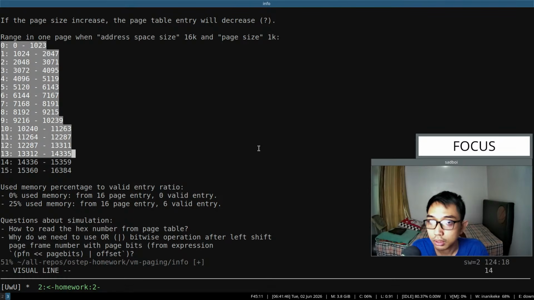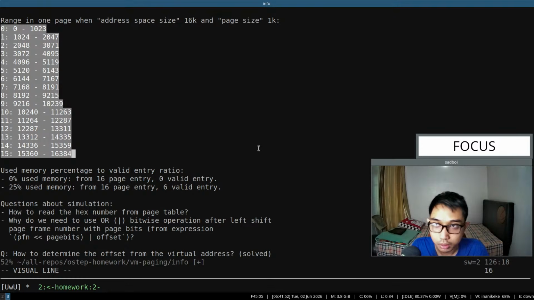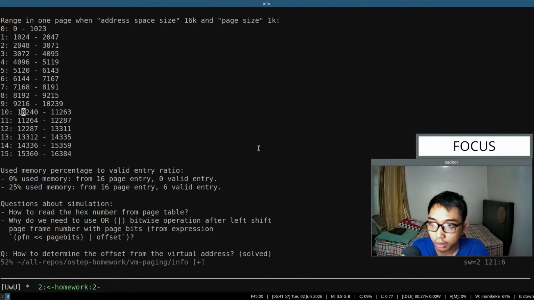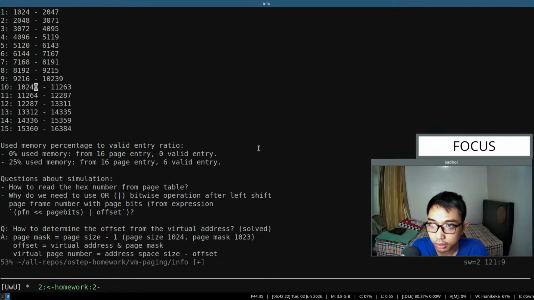We have this page table, and the 10,240 virtual address is in the virtual page number 10 here. The base, what is it called? The base address, base virtual address in this page number, something like that.